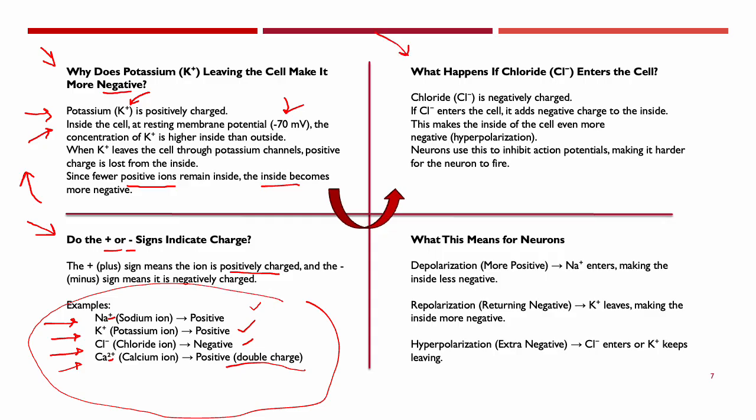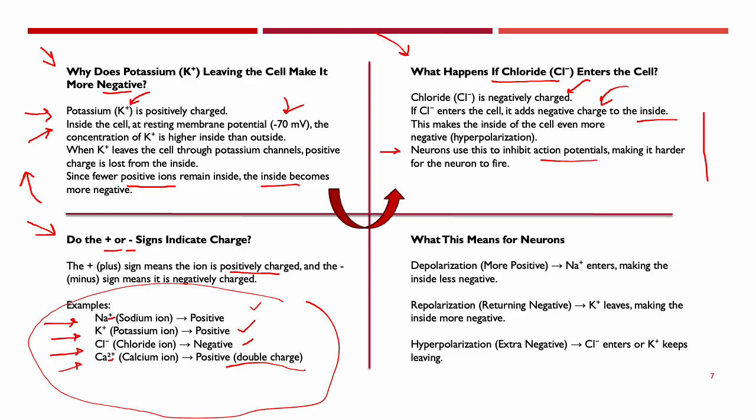Now, what happens if chloride with a negative charge enters the cell? Well, chloride is negative, so if it enters, it will add a negative charge to the inside, which makes the inside of the cell even more negative, so it becomes hyperpolarized. Neurons use this to inhibit action potentials, making it harder for the neuron to fire.